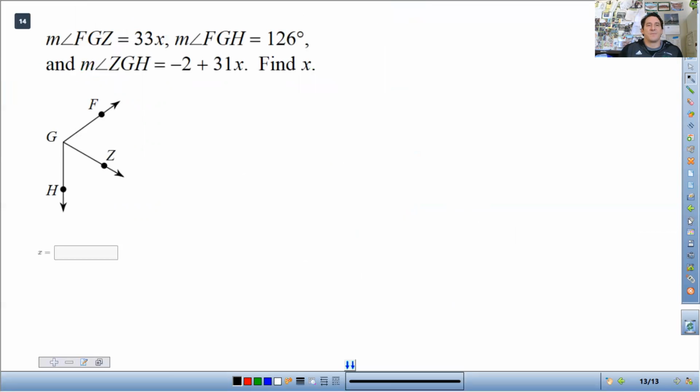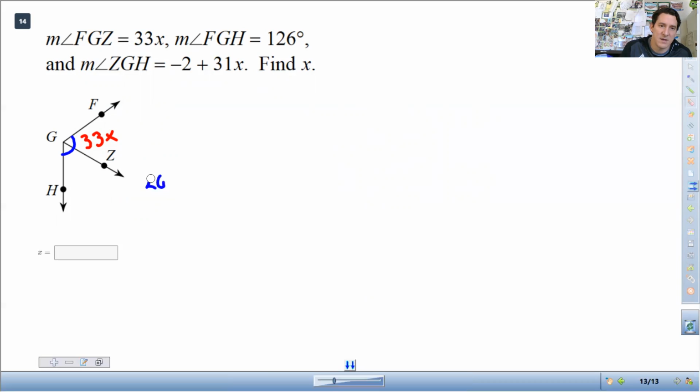All right. So label the angles. FGZ is 33x. So FGZ is this angle up here. So that's 33x. FGH is 126. So that is the whole angle together. So that's going to be 126 degrees.